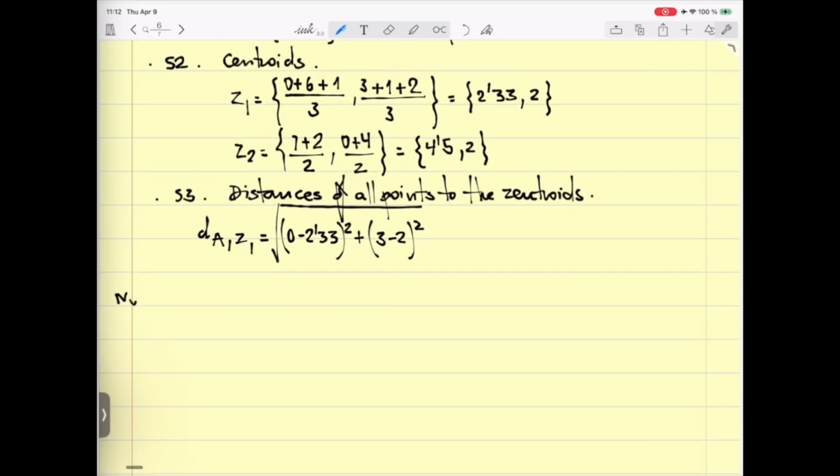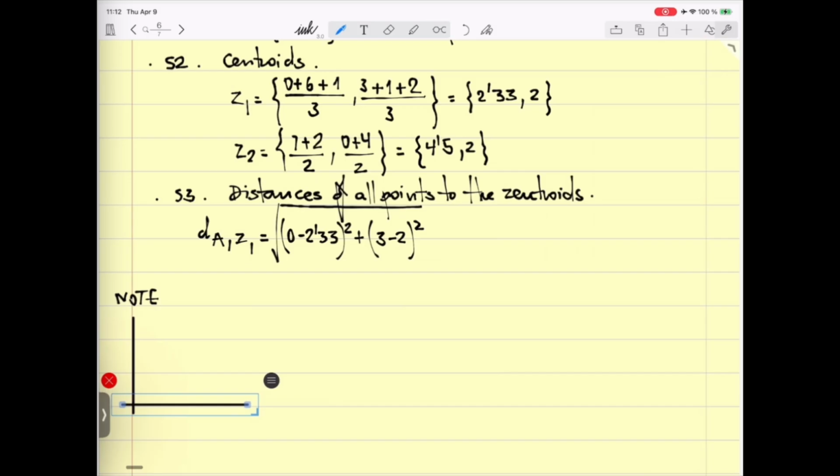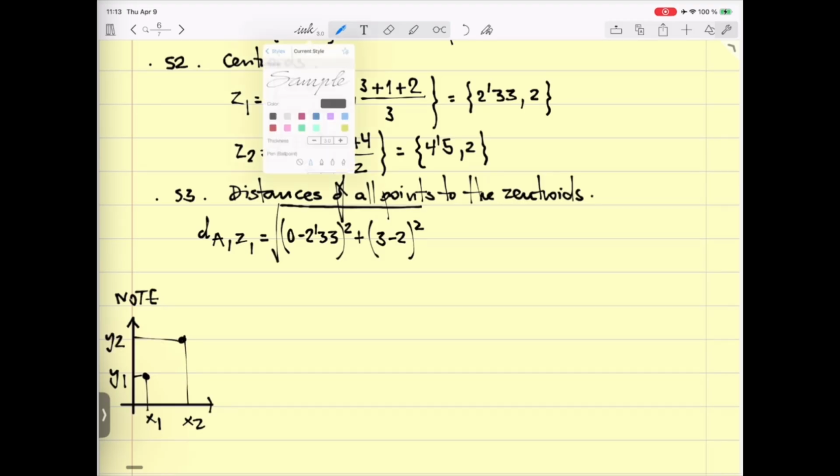Note, if you have 2 points in a plane with coordinates x1, y1, and x2, y2, the distance between these 2 points is given by Pythagoras.